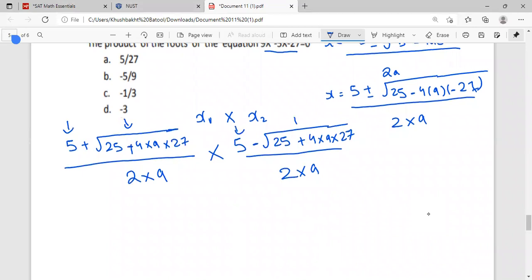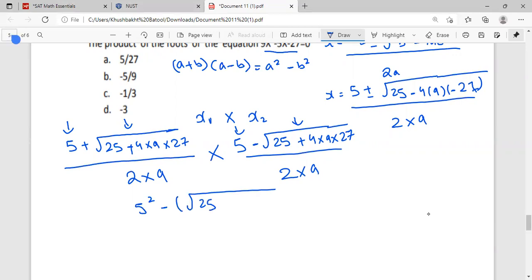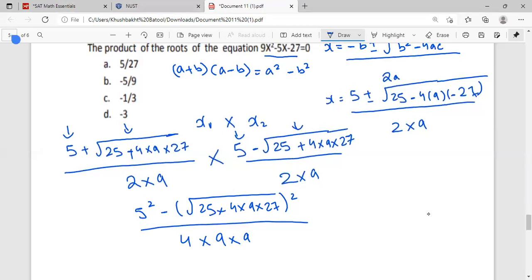If we have A plus B and A minus B, this is going to be A square minus B square. So 5 square minus under root 25 plus 4 into 9 into 27 whole square, divided by 2 into 2, 4 into 9 into 9. Square would cancel the under root.